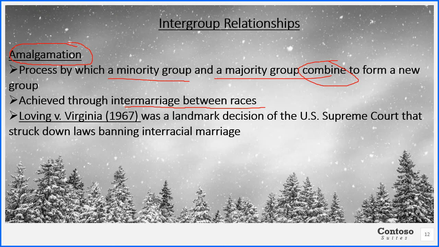One Supreme Court case in the United States that was really important to this idea or term of amalgamation was the Loving versus Virginia case. That was in 1967, and that court case decided that on the federal level across all states, they were going to strike down laws that banned interracial marriage. So it's pretty significant in our country's history.